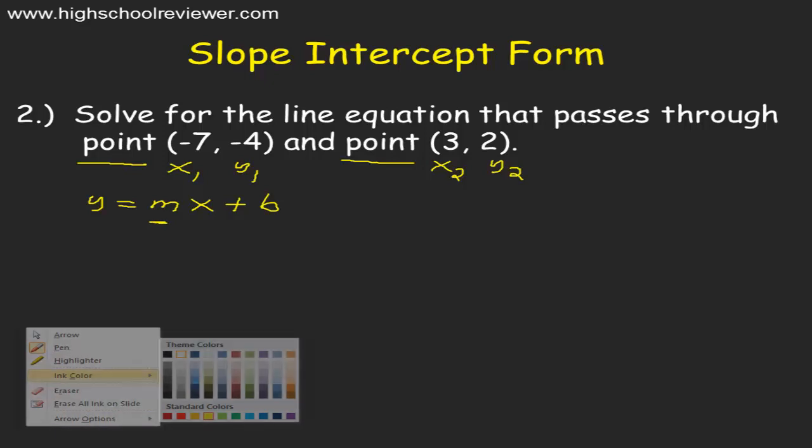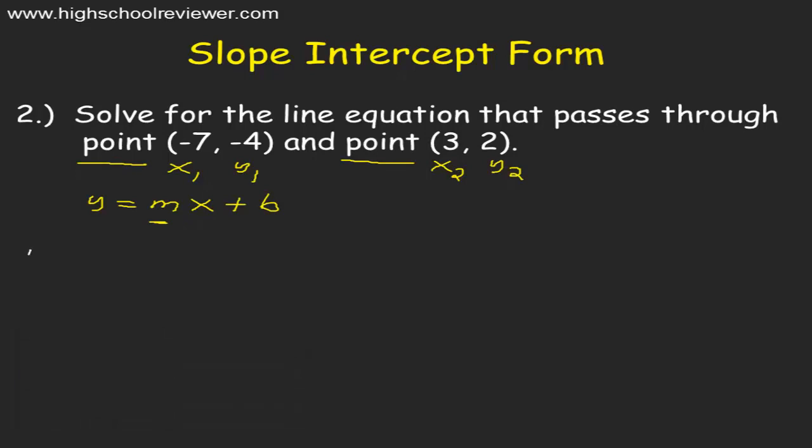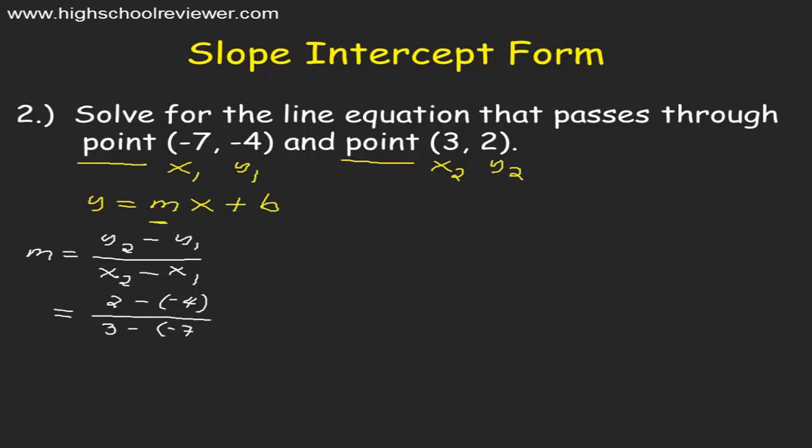The slope equation, we have m is equal to y sub 2 minus y sub 1 all over x sub 2 minus x sub 1. So we are just going to substitute the values now. Our y sub 2 is +2 minus y sub 1, which is -4, all over x sub 2, which is +3, minus x sub 1, which is -7.